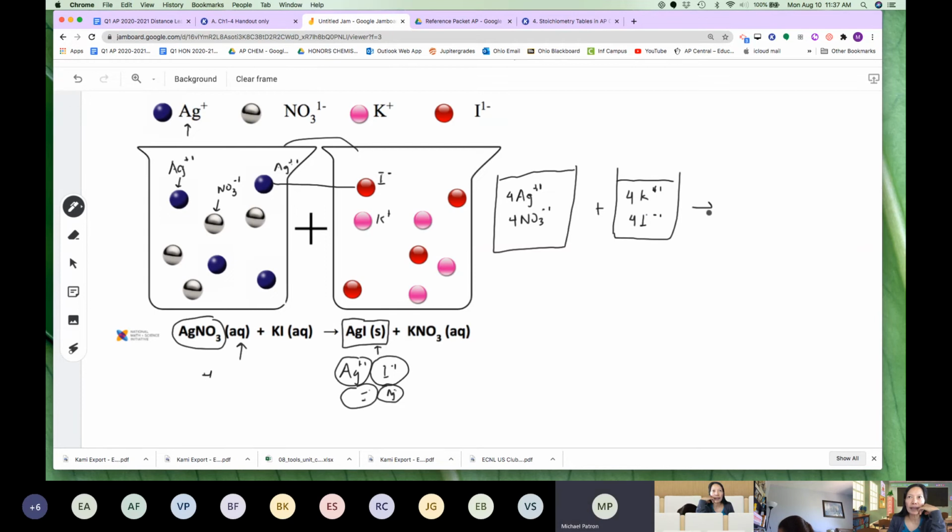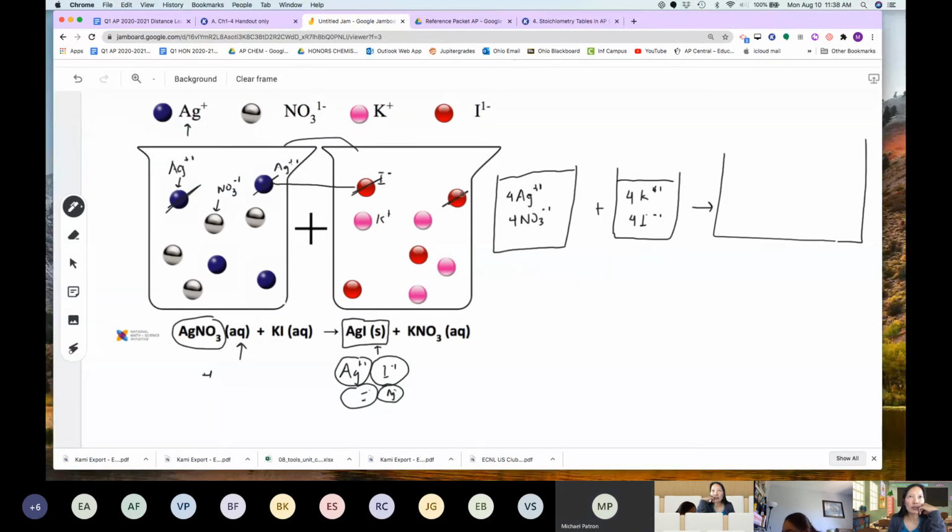In the end, it says that you have some AgI solid. So I'm going to make this a little bigger. You're going to count the AgIs. That's 1, that's 2, that's 3, and that's 4.